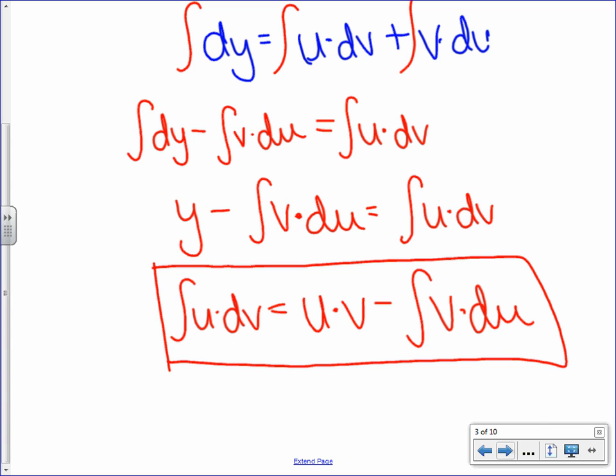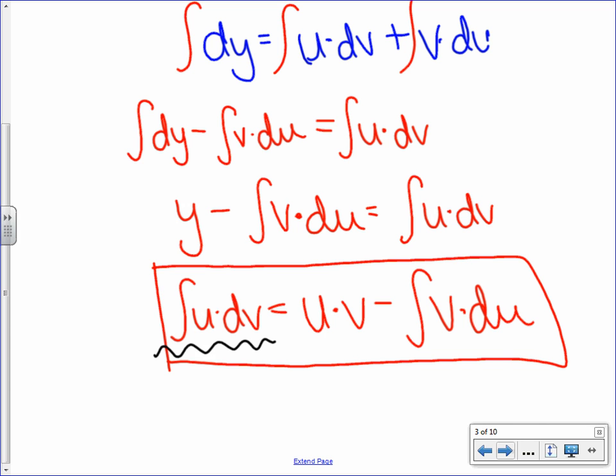Here, my friends, is integration by parts. This is what we're going to start with. We're going to have to identify a u and a dv from our integral.